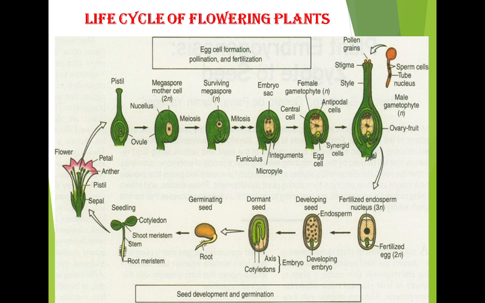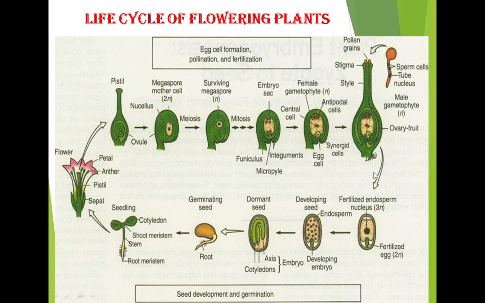Now this is the whole life cycle. As you have seen in the diagram, flower is the reproductive part. This flower has sepal, petals, anther and carpel. Sepal is the calyx whorl, then the petal, that is the second whorl, the third whorl is of anther and the fourth whorl is of pistil, जिसे हम कहते हैं carpel. अब ये कार्पल का स्ट्रक्चर देख लेते हैं. कार्पल में ओव्यूल, inside the ovule there are the megaspore mother cells, then megaspores, and this process continues, and here is the process of double fertilization.